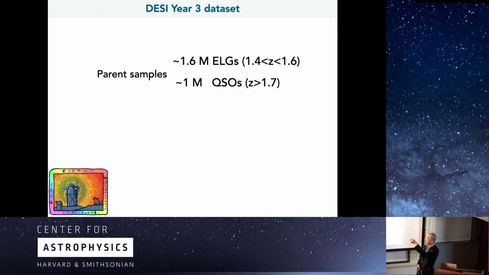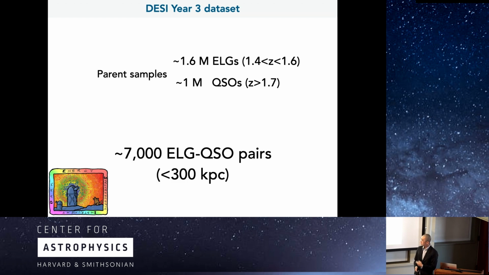Together, there are a million quasars at even higher redshift, and combining these samples, we can construct a large statistical sample of galaxy and quasar pairs at this redshift. Currently, we have about 7,000 galaxy and quasar pairs within 300 kiloparsec, and we can utilize this data set to explore the galaxy and CGM connection at redshift 1.5.